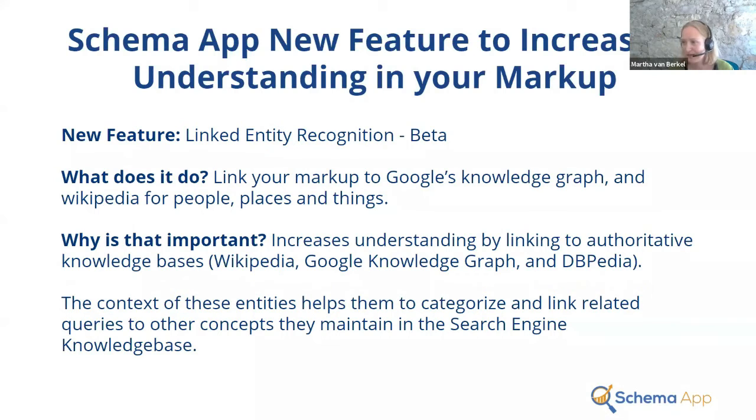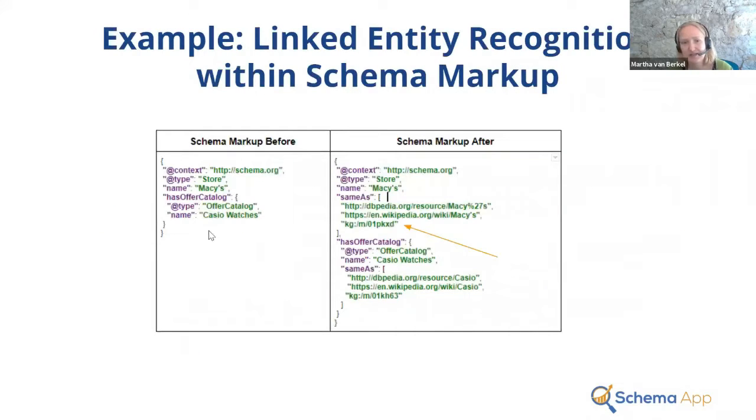We've often recommended using that when you're doing sameAs on topics or defining, let's say, an area served for a city. And now we have the ability to do this at scale, dynamically and programmatically. And what's interesting here is that you'll see the markup before. Here we're talking about a store, Macy's, who offers Casio watches. Now you can see within the markup, we're defining very, very clearly where things are connected.